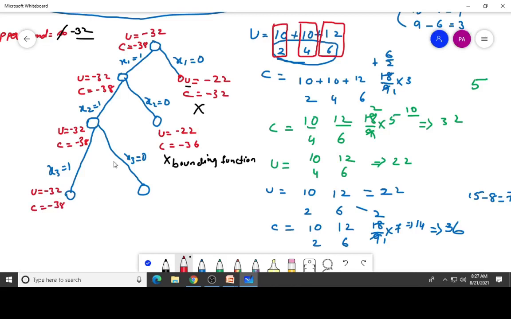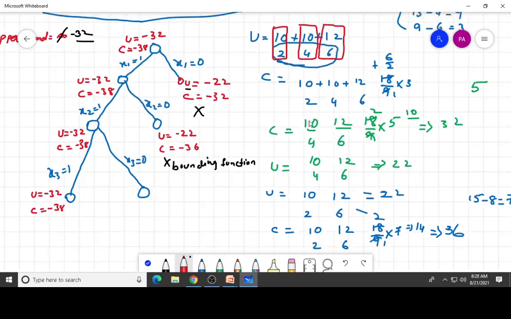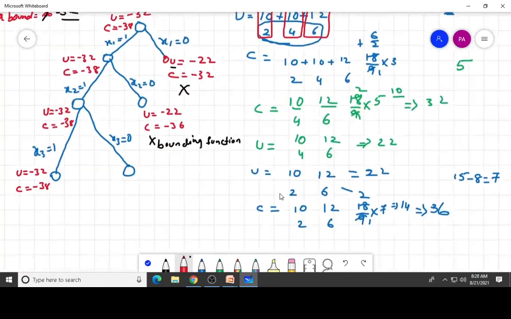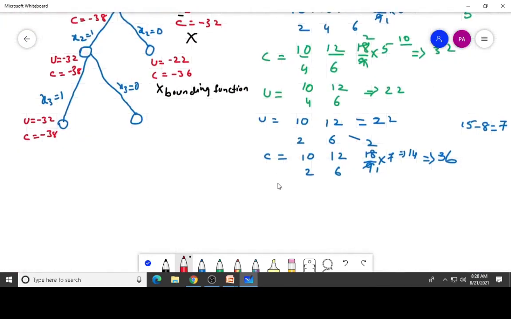But if I remove the third item from the given problem, so what will be the answer? Here U is equal to, first item I am adding, second item I am adding, but I am not adding the third item, I am adding the fourth item.